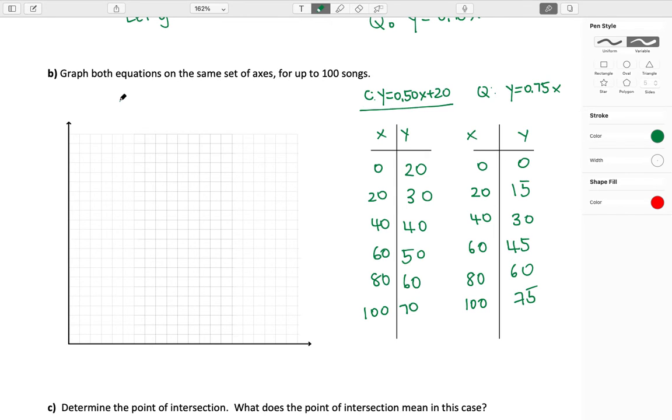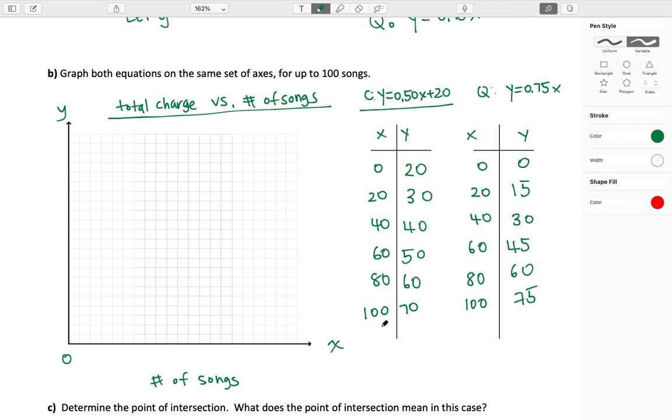So it's going to be the total charge, the y-axis, versus the x-axis, which is the number of songs. And don't forget, you must underline the title. Now let's label my x-axis, number of songs.